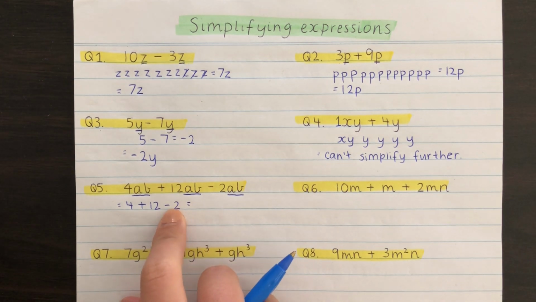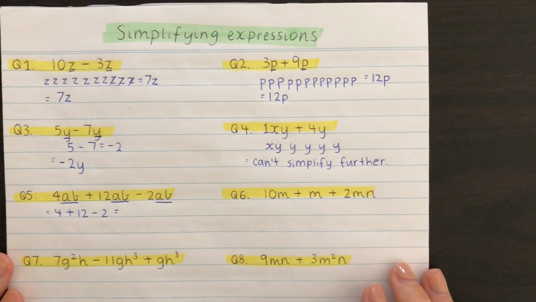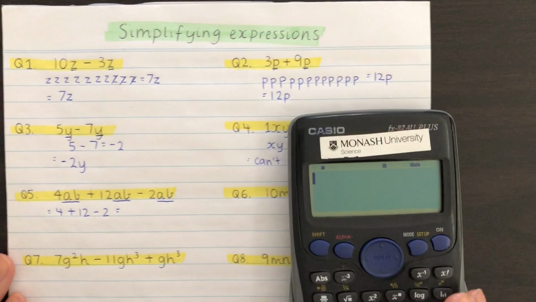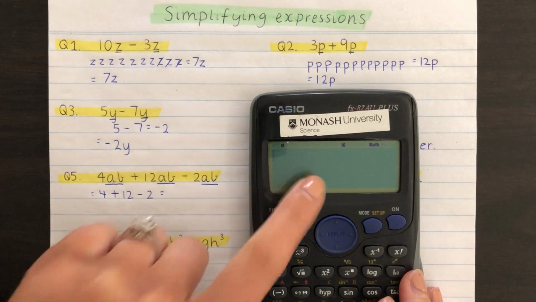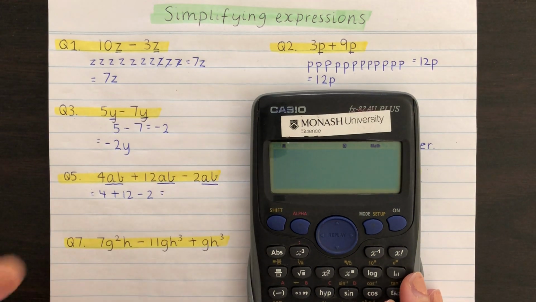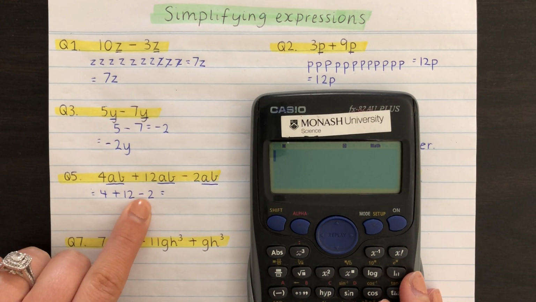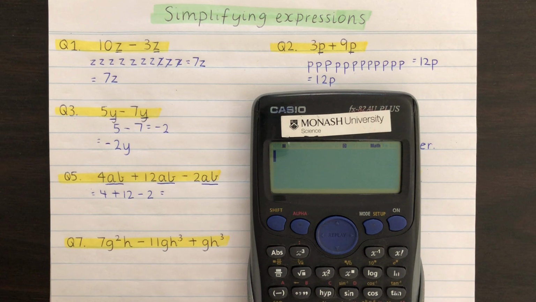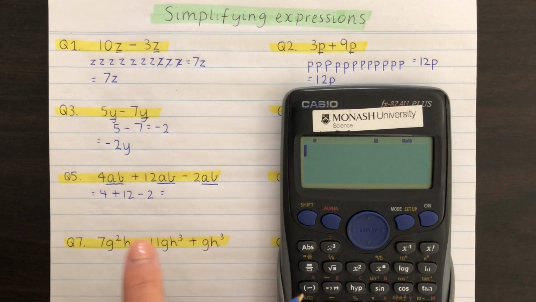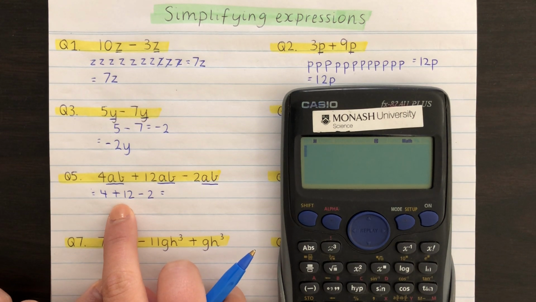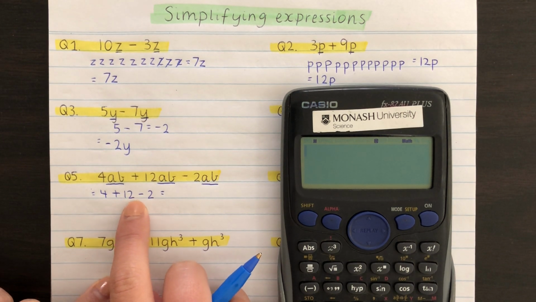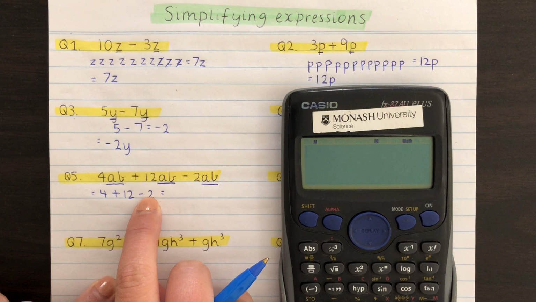Of course, if you don't feel confident with your negative numbers, you can always get your calculator and put this in exactly how you see it. If you were to work this out mentally, you would do 4 plus 12, which is 16, and then 16 minus 2, which is 14.